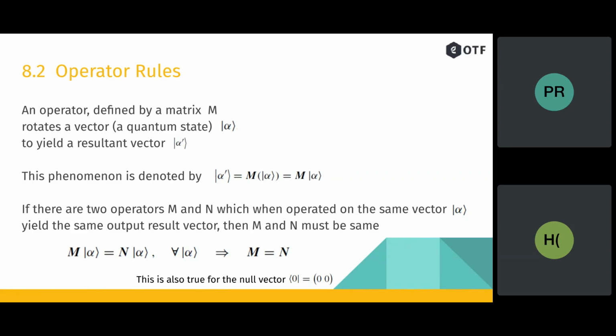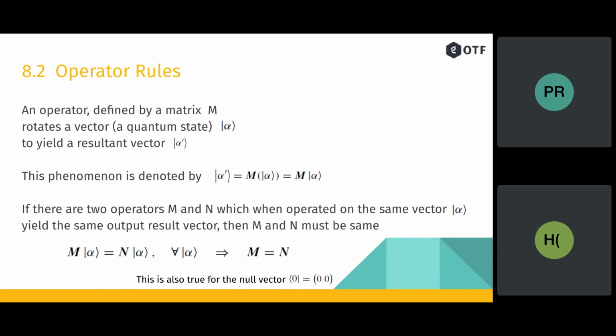This is also true for null vectors. When you put a ket 0, M and N can be 0 also. And the bra vector: what is applicable for ket alpha can also be applicable for bra alpha.